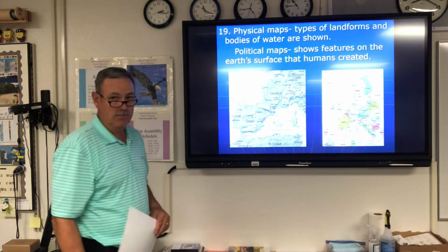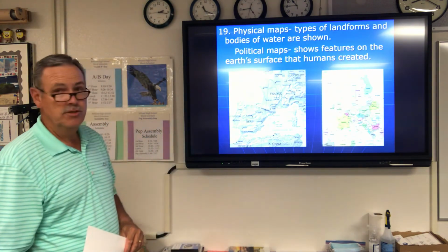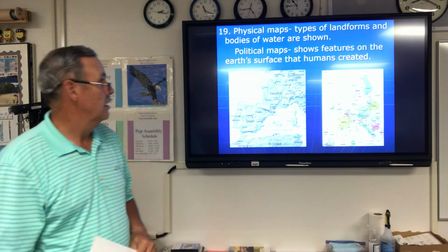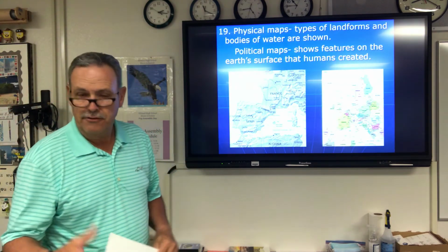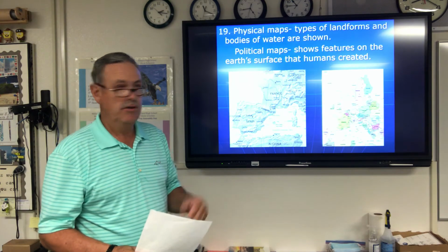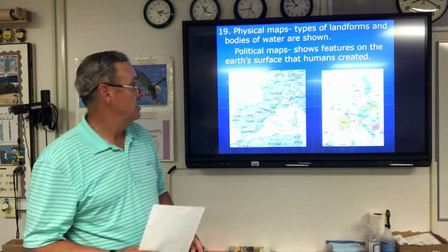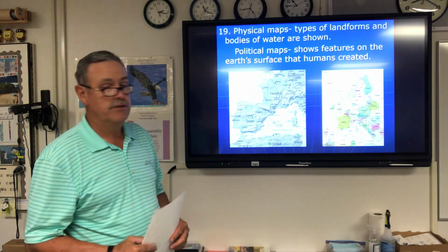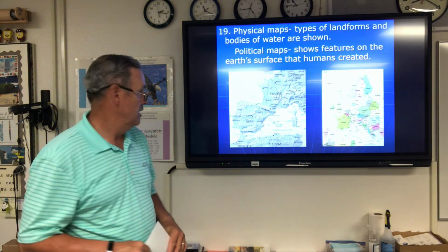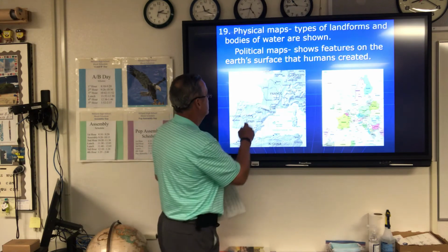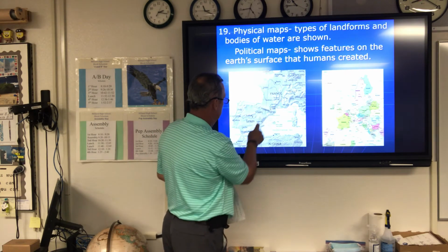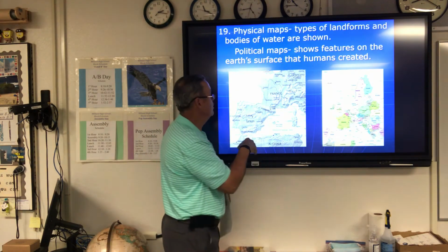Okay, physical maps: types of landforms and bodies of water are shown on a physical map. These are the different physical features that are found on the earth. A political map shows features on the earth's surface that humans have created. So here on the physical map, you can see some water, and you can see the mountains through shading and texture.